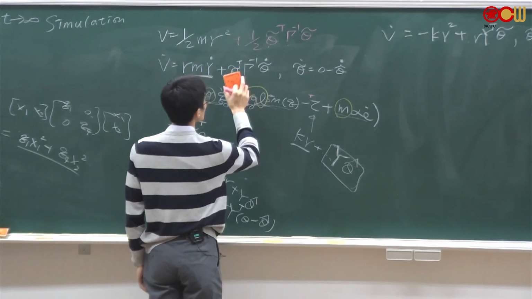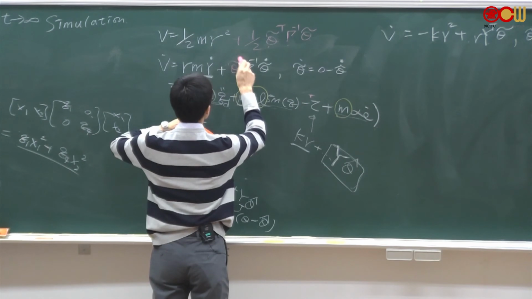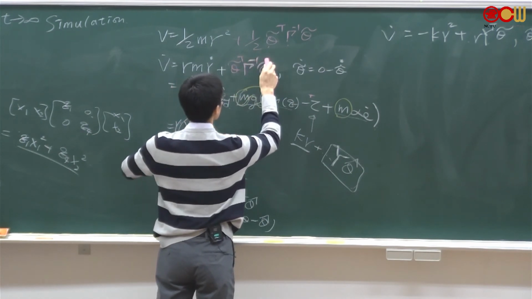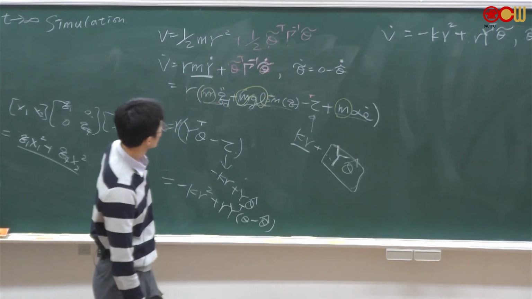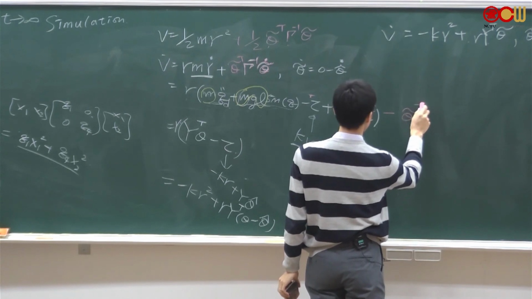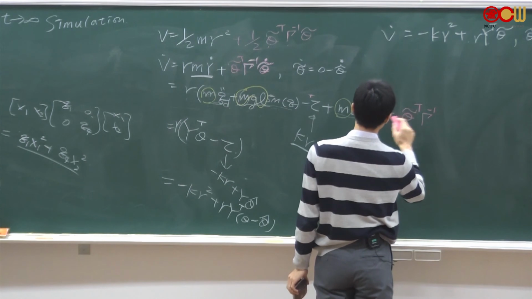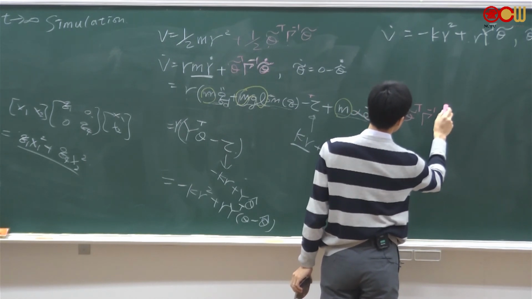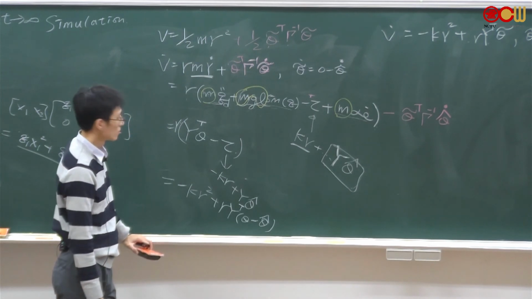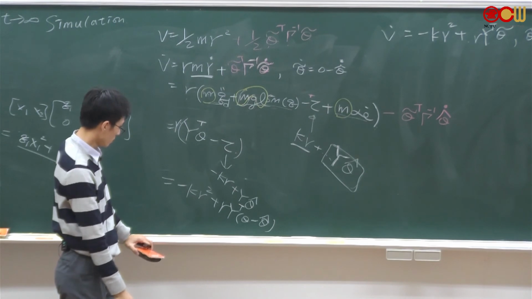Sorry, I should put theta tilde. This gives you theta tilde and minus theta hat. Here's the hat. And this term is helpful because you will see in a minute.